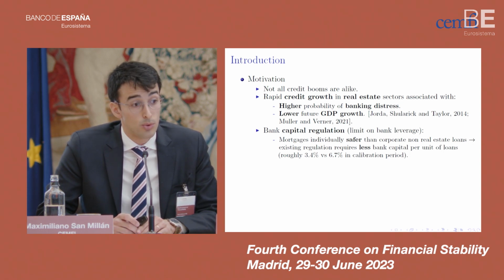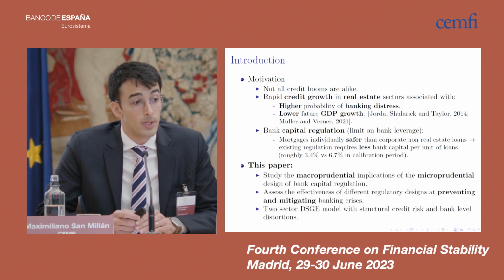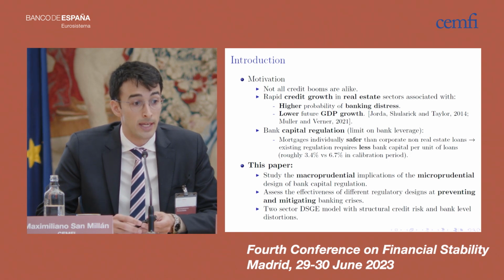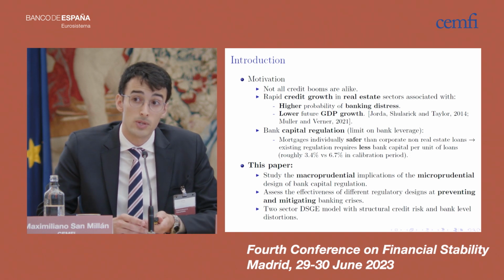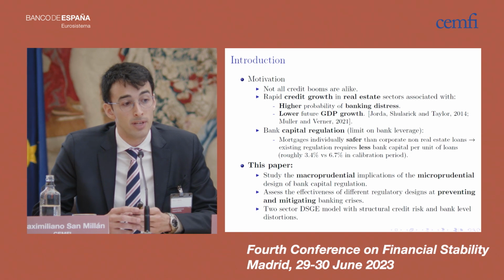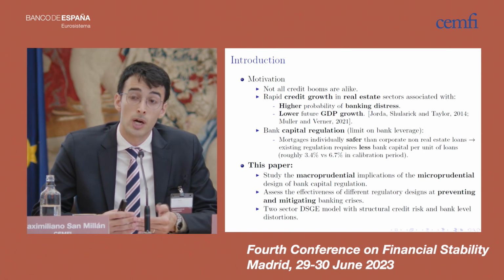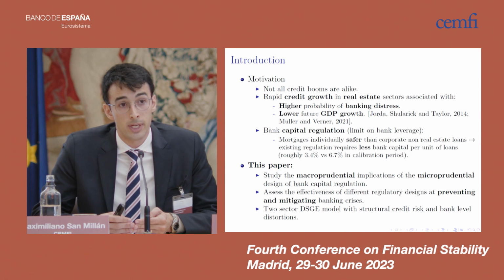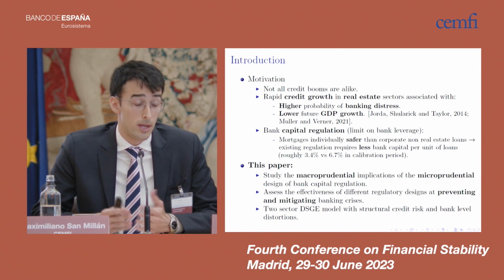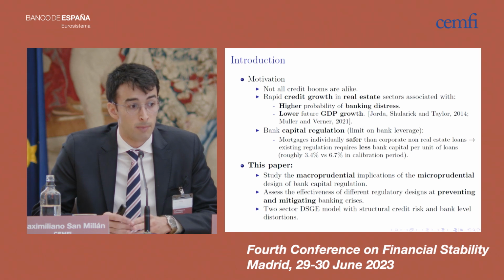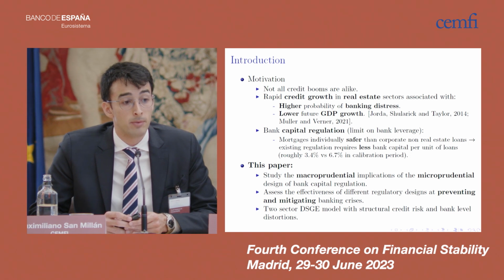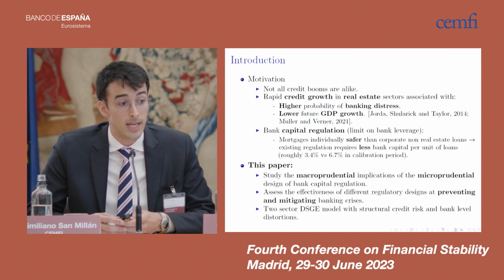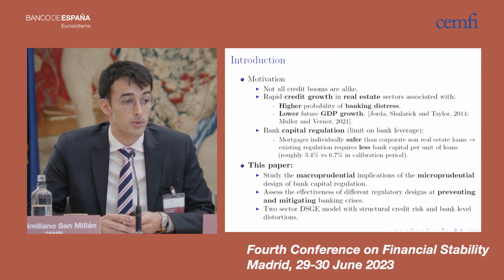Now, what I'm going to do in this paper is to study the macroprudential implications of this microprudential design. I'm going to be looking at episodes of banking distress, and I'm going to study how different regulatory designs, in particular the type of buffers adopted after the Basel III reforms, concretely the countercyclical buffers and the proposal of sector-specific countercyclical buffers, can help at preventing and mitigating these banking distress episodes.